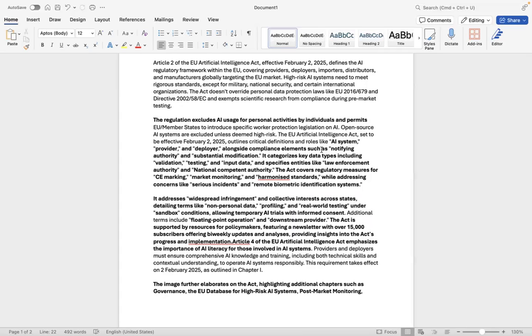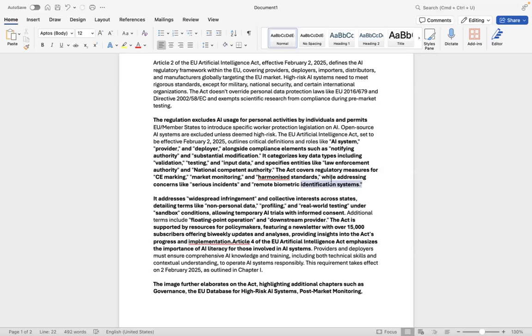It outlines critical definitions and roles like AI system provider, deployer, alongside compliance elements such as notifying authority, substantial modification. It categorizes key data types, including validation, testing, and input data, and specifies entities like law enforcement authority and national competent authority. The Act covers regulatory measures for CE marking, market monitoring, and harmonized standards, while addressing concerns like serious incidents and remote biometric identification systems.